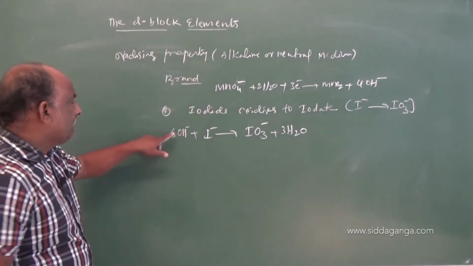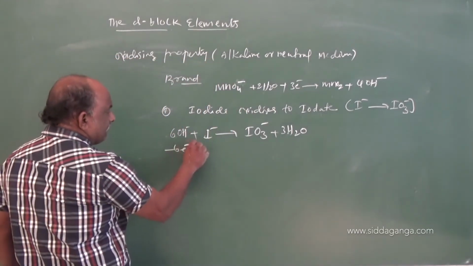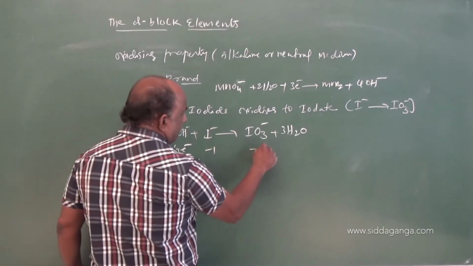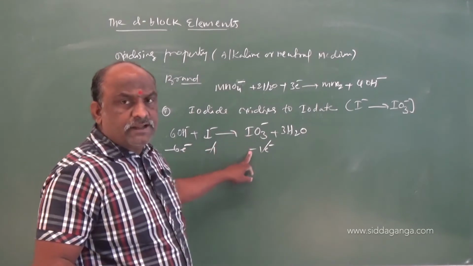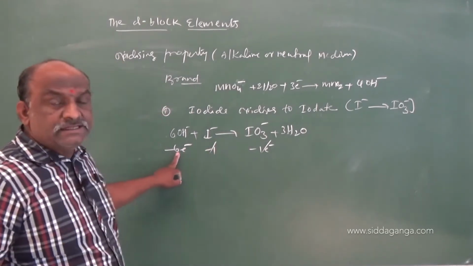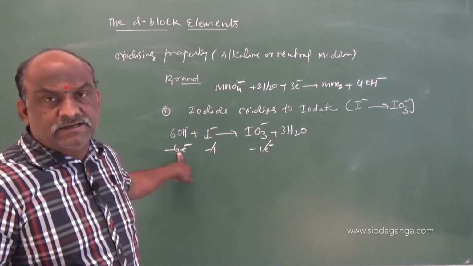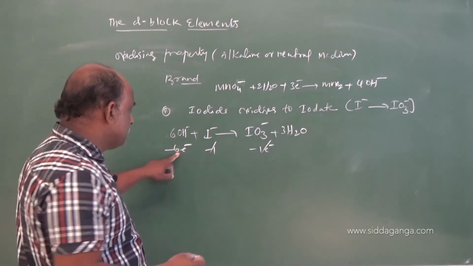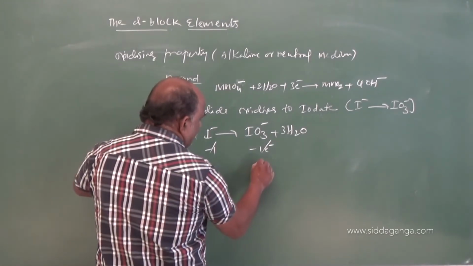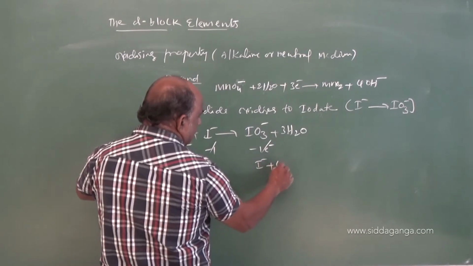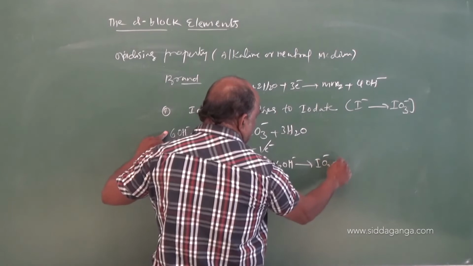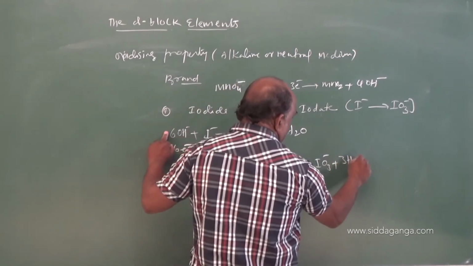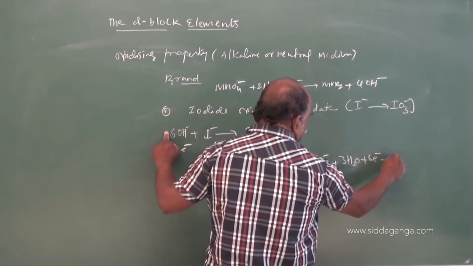Like that, with practice, you will get an idea about this. Then here minus 6 electrons, here minus 1 electron, and here minus 1 electron. The two minus 1 are opposite, so they get cancelled. So how many electrons here? Minus 6 electrons are there. So we should write this equation: I minus plus 6OH minus gives IO3 minus plus 3H2O plus 6 electrons, equation 2.